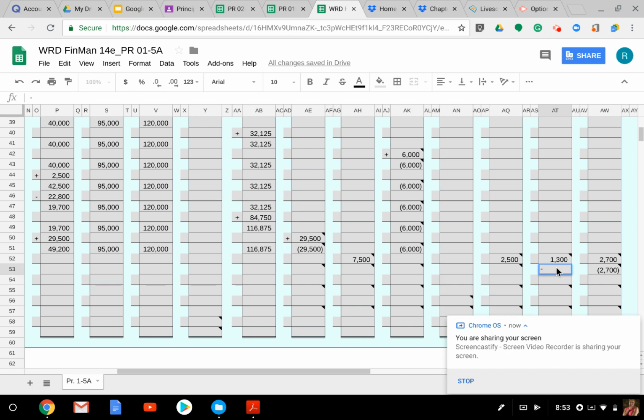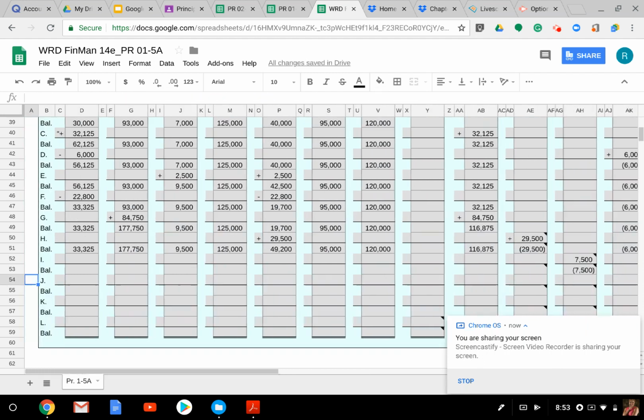So if you did the math correctly, you should have a total of $14,000 being paid out of what account? Cash. Why? Because we're paying bills and the transaction said paid. So now we're going to go all the way over here to cash, and we're going to reduce cash by the total amount of those expenses, which is the $14,000.